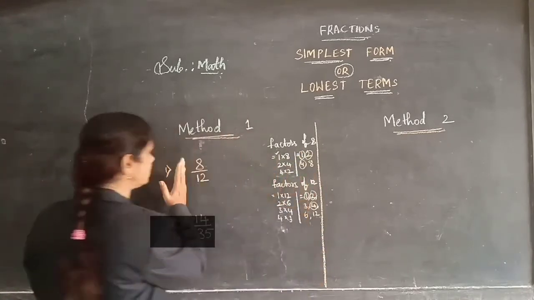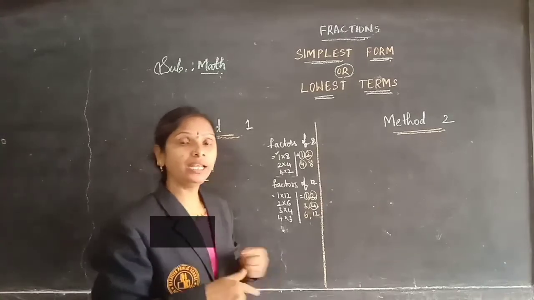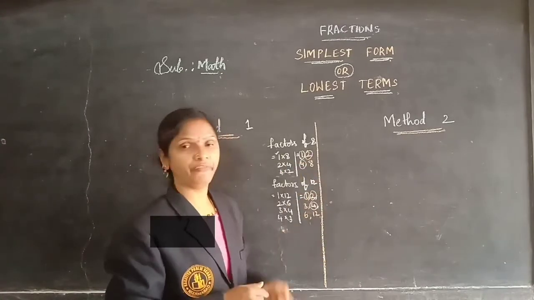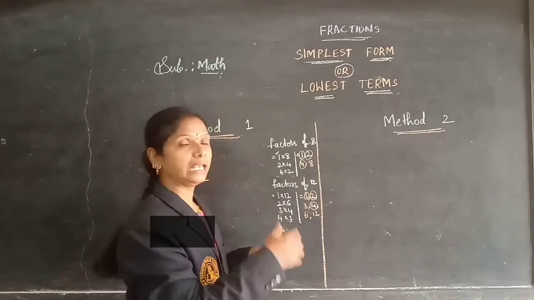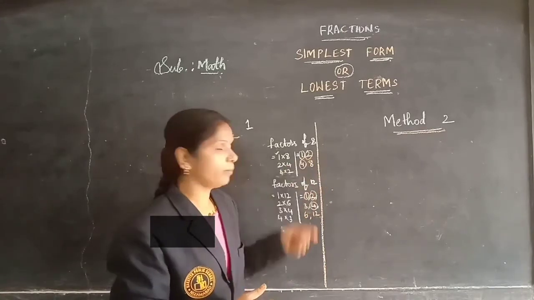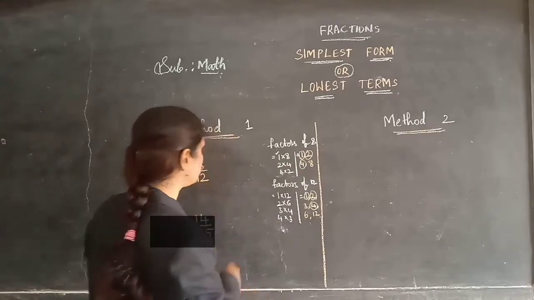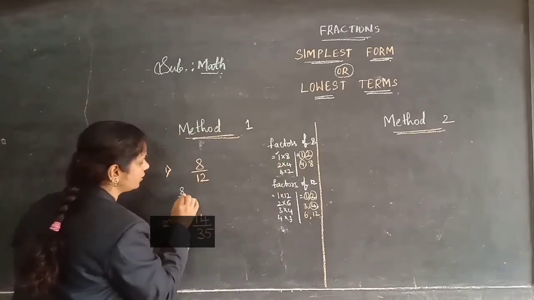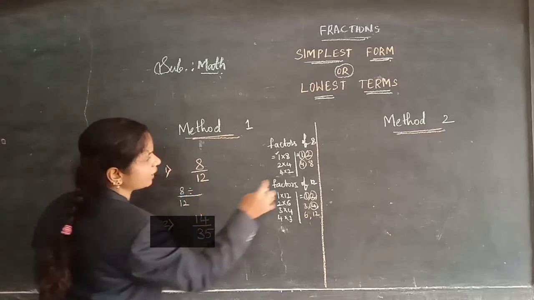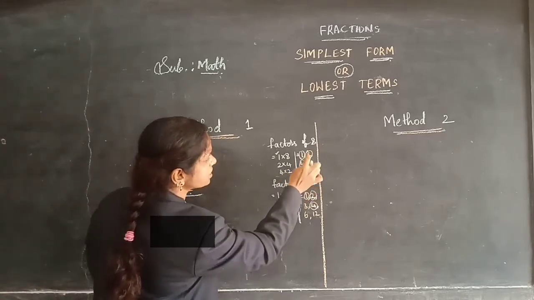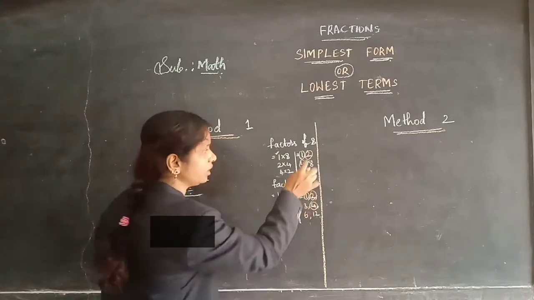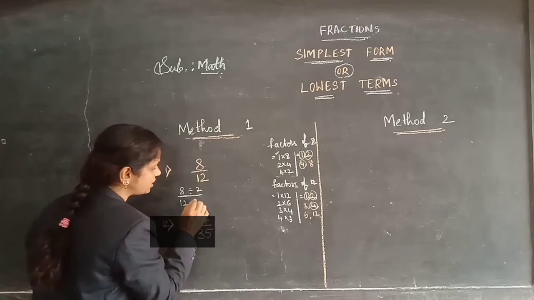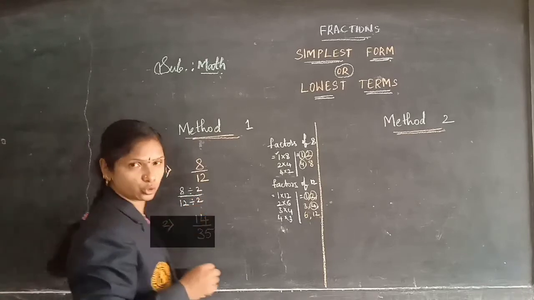Now coming to this fraction, we keep dividing by the common factors. The first method is to keep dividing by the common factors. So first, 8 by 12. I am dividing by the first common factor. 1 is not needed, children. Directly go to the next, 2. So I am dividing by 2, which means the denominator also you should divide by 2 only.